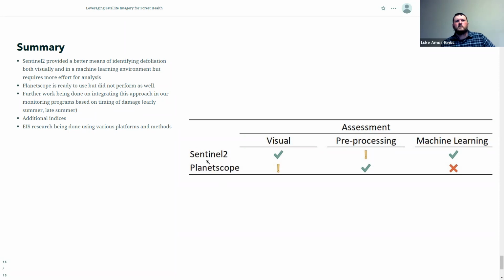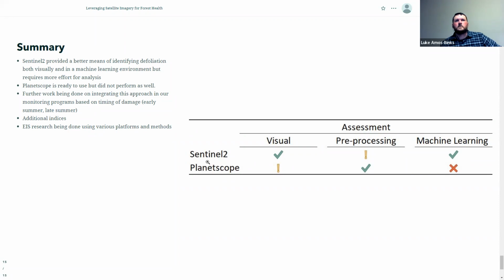So we're going to be doing further work on integrating this approach into our monitoring programs based on timing of damage. We're looking at doing an early summer spruce budworm type assessment using Sentinel-2 and a late summer one to capture some of the other pests out there.